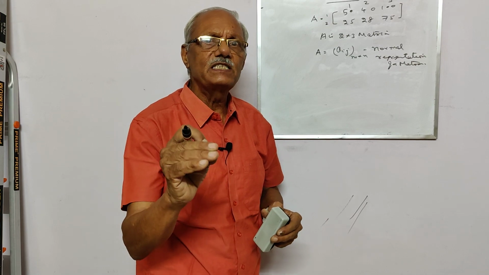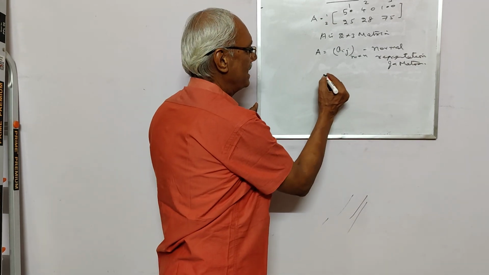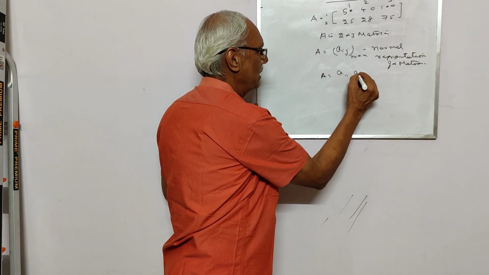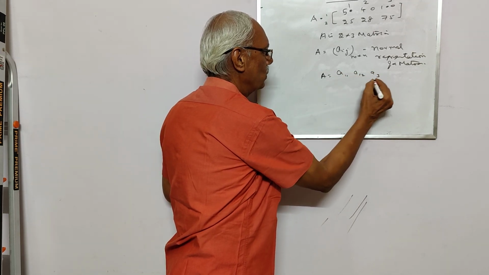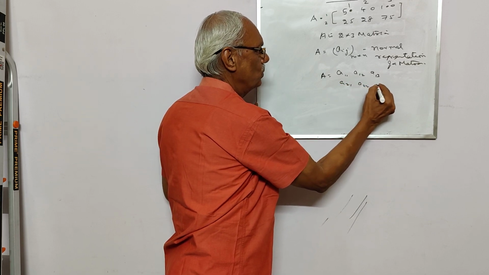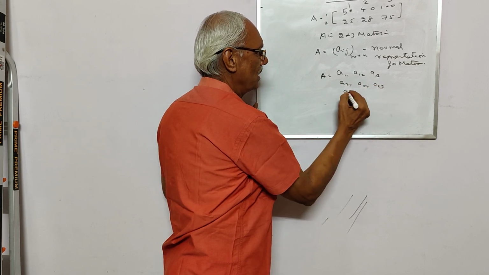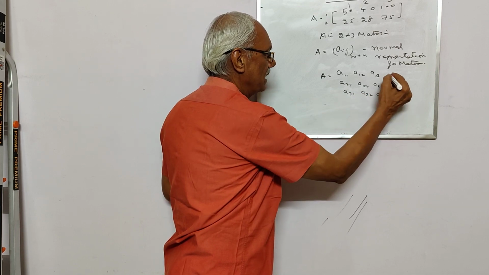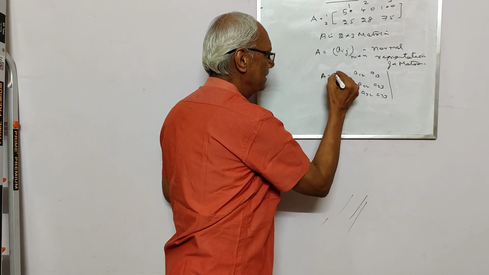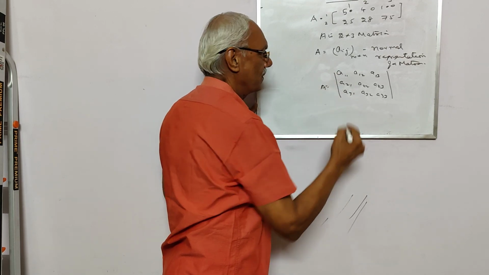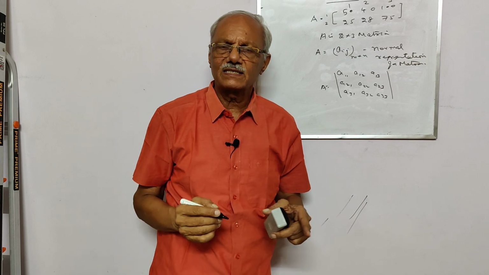Let me give a specific example of this. A is equal to A11, A12, A13, A21, A22, A23, A31, A32, A33. Now this is a matrix.